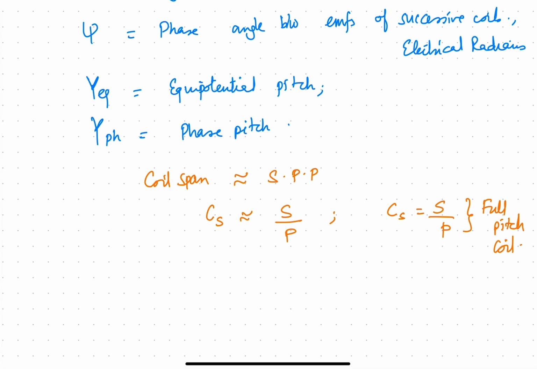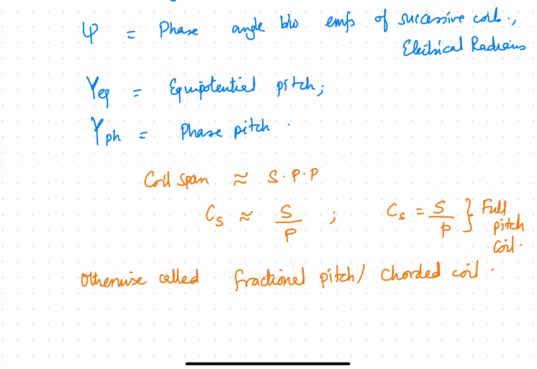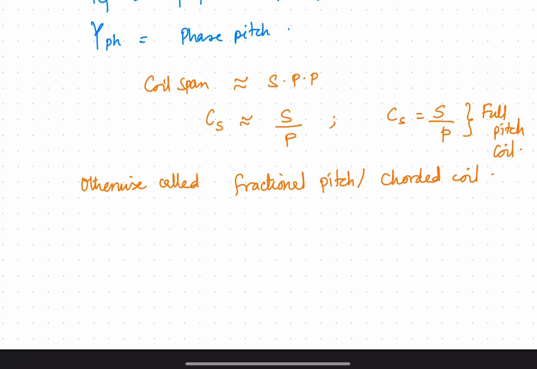If it is less or more than this, it's otherwise called a fractional pitch or chorded coil. So now we consider a full pitch coil.